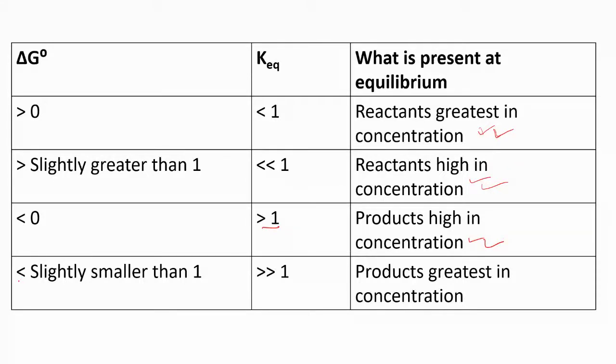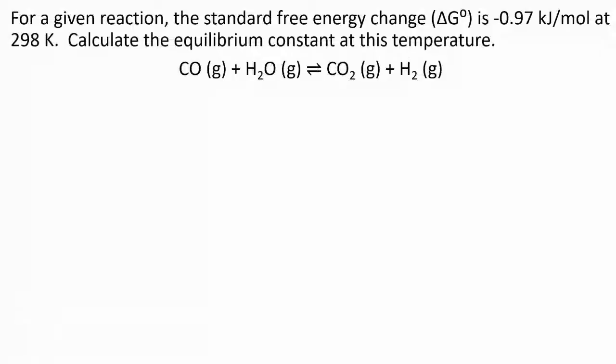But if our G is only slightly less than 0 and our K is much greater, our products are in the greatest concentration. All right, and that makes sense if you think back to whether it's thermodynamically favorable. How thermodynamically favorable? Is it shifting far to the right? Is it shifting far to the left? So instead of memorizing this chart, my suggestion to you is to think through it logically.